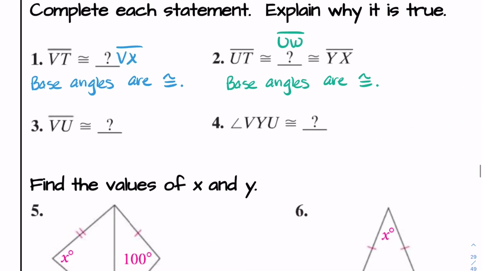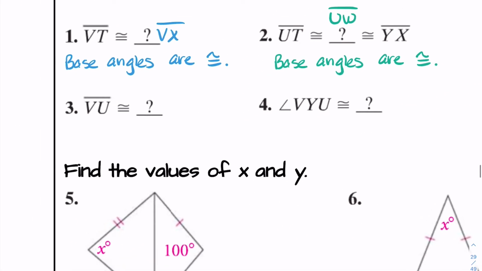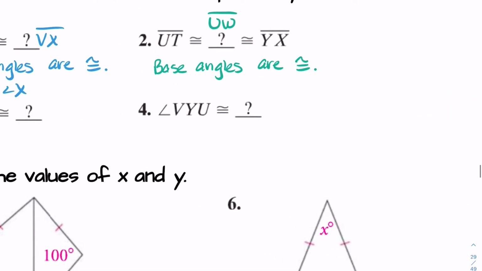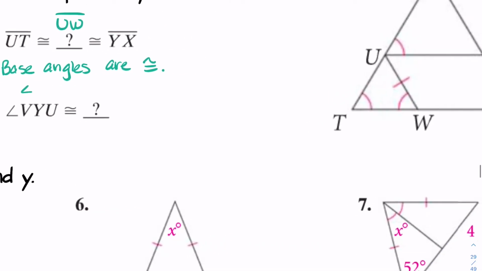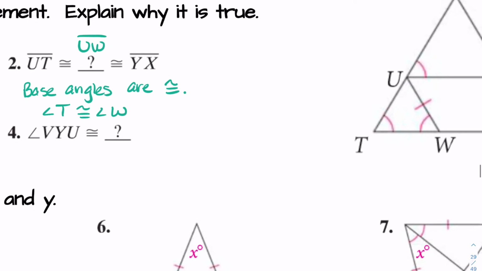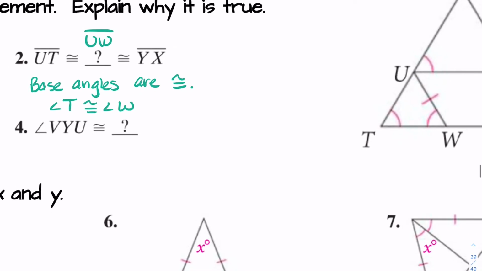I can actually say angle T is congruent to angle X for the first one. And for this one, I'll say that angle T is congruent to angle W, which is why UT is congruent to UW.